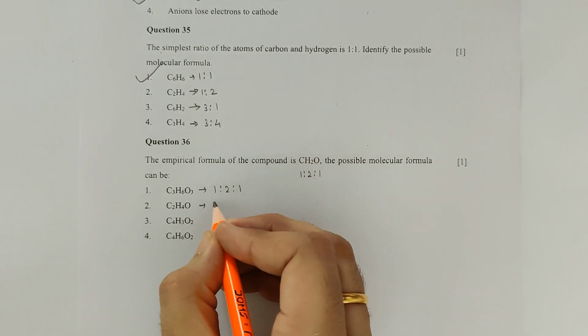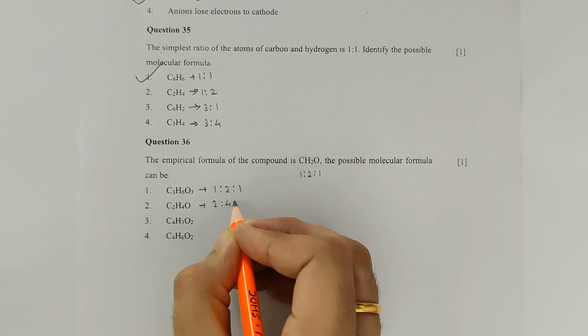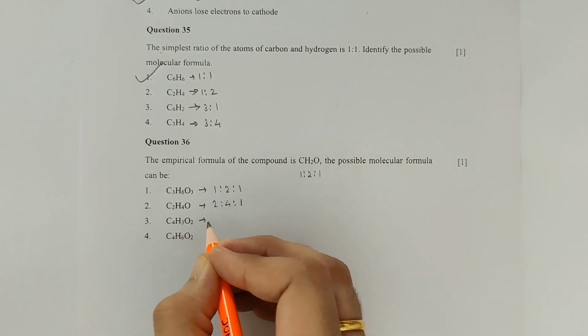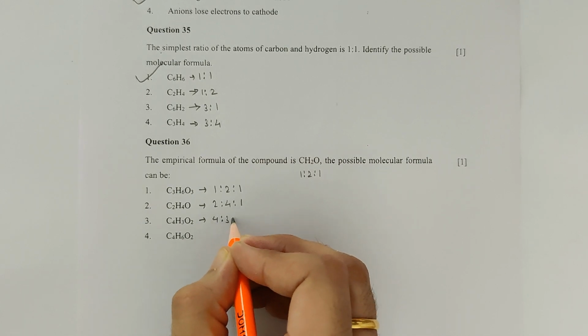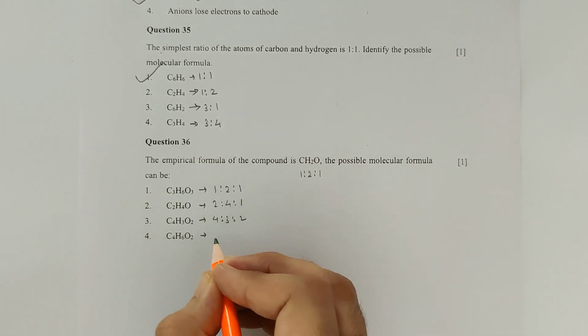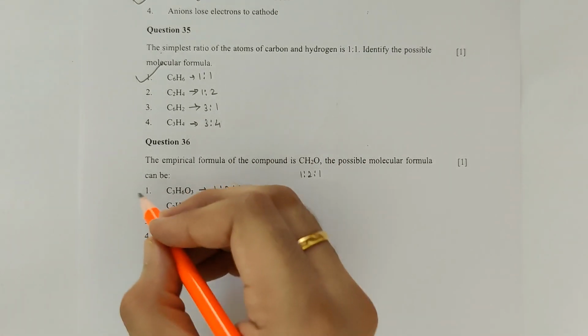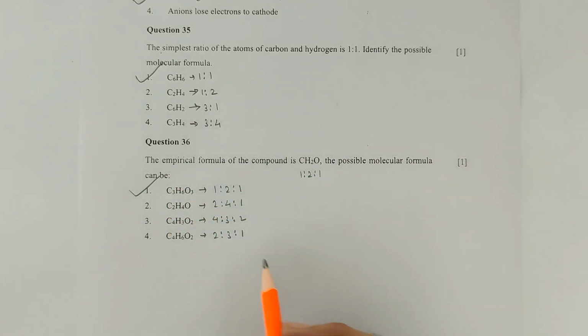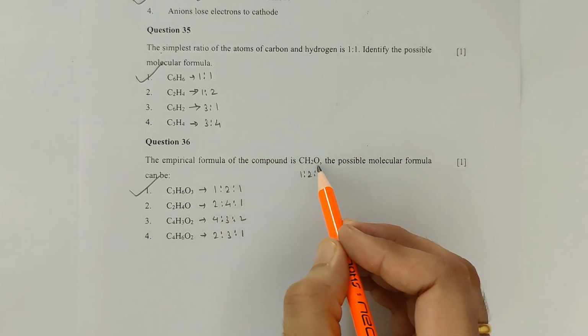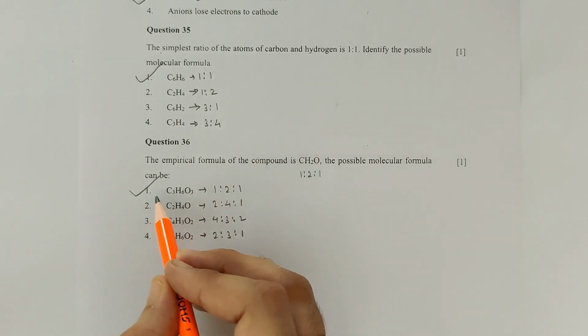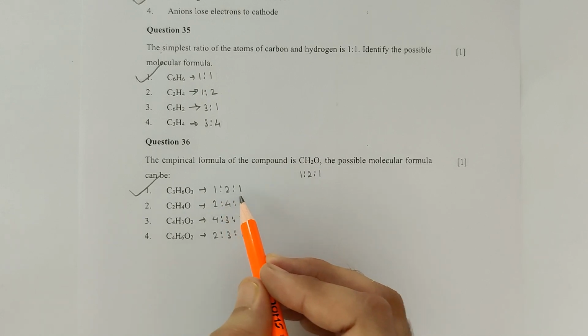This will be 2:4:1. This will be 4:3:2, and this will be 2:3:1. Hence guys, over here option 1 will be correct because the ratio is same. For this it is 1:2:1, and for option 1 also it is 1:2:1.